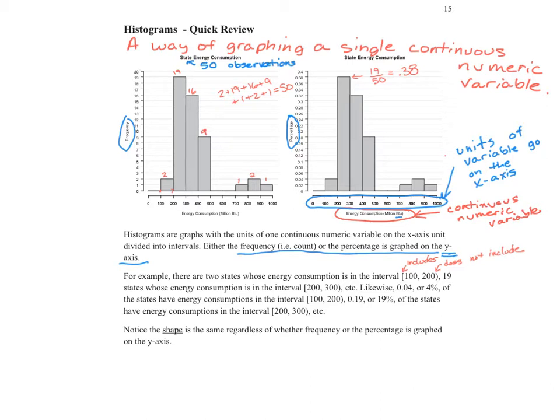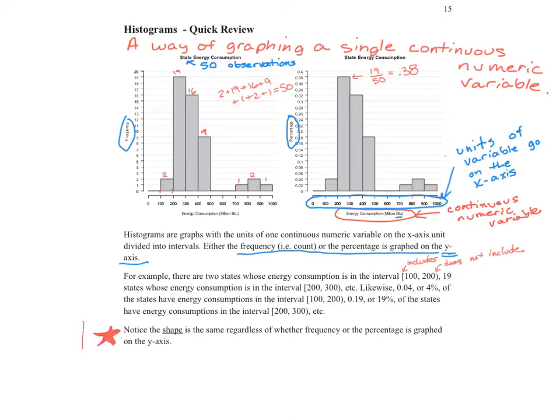So now let's take a step back and look at the overall shape of these two graphs. The shape looks the same. And that's because it is the same. The shape is identically the same.